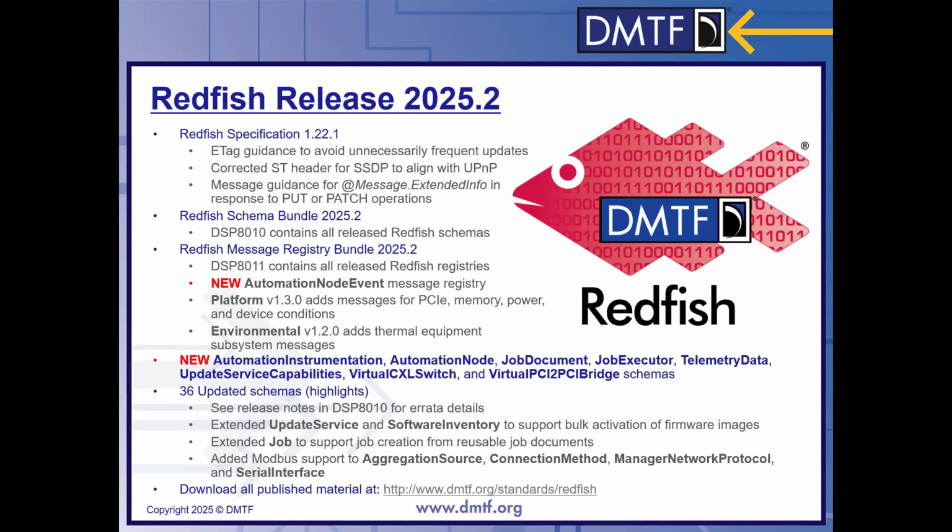So as usual, the bulk of the update is in the schemas, and we have 8 new schemas: automation instrumentation, automation node, job document, and job executor are all related to the automation that Mike will be talking about in a moment.